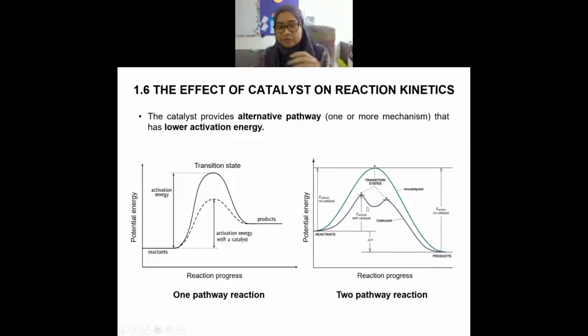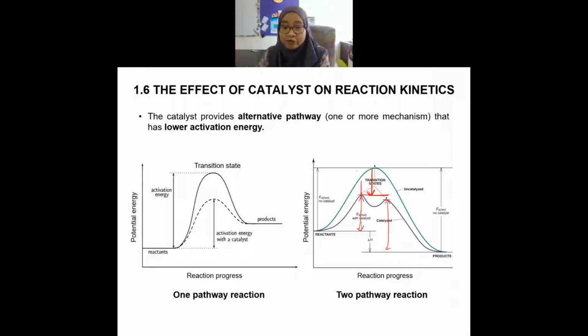Okay, it goes through small reactions. So as you can see, it is reduced. The EA is now reduced. This is the average EA. So it is reduced. It's just that there are two EA now. Remember this? So it means there are two reactions there.